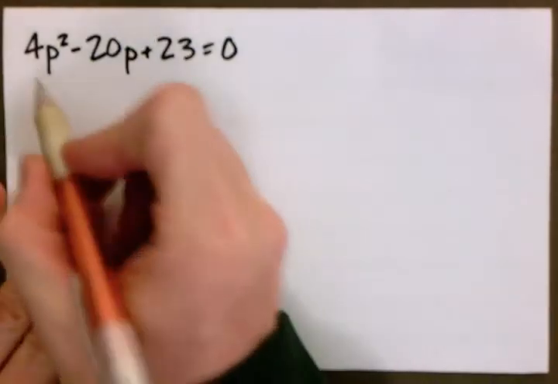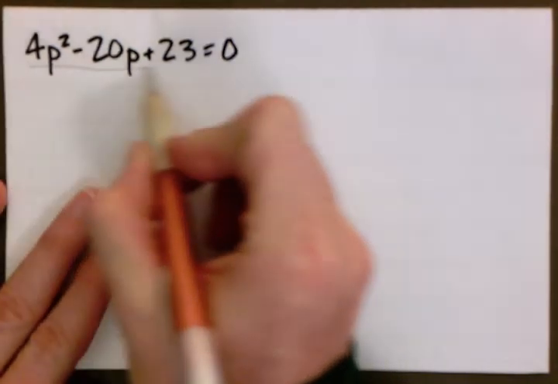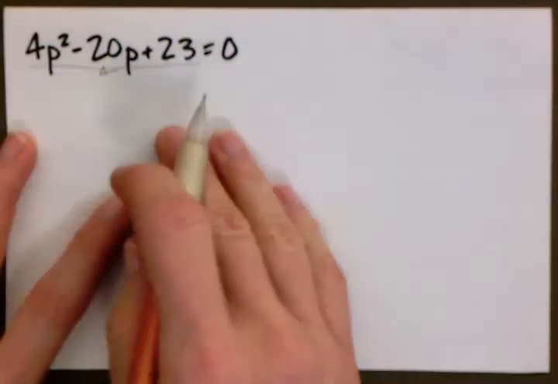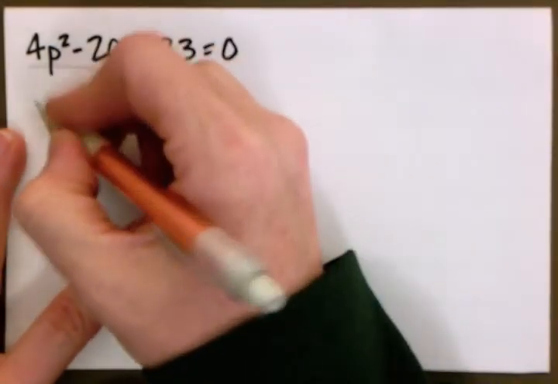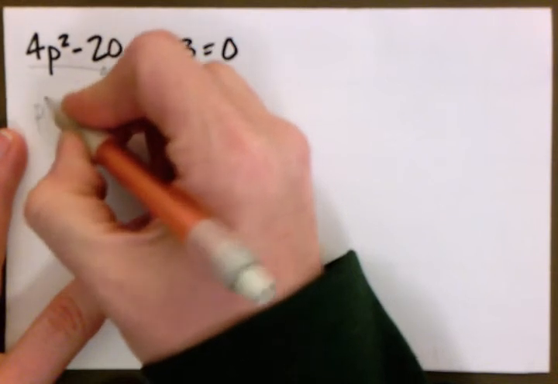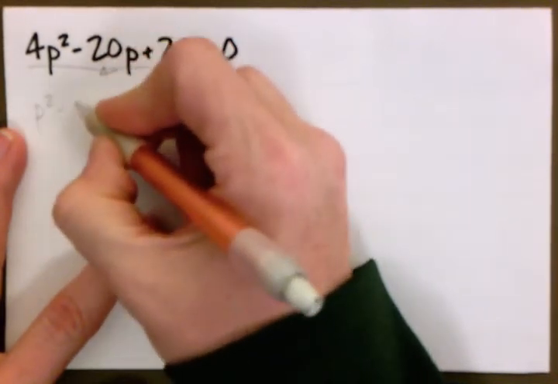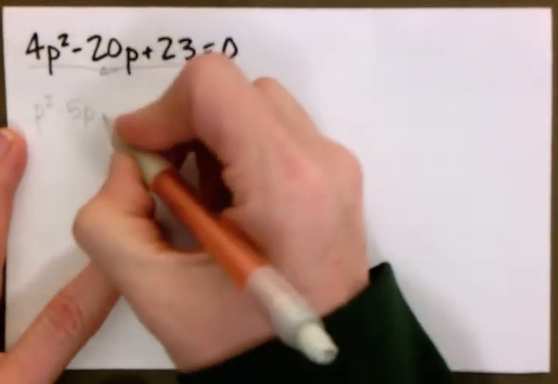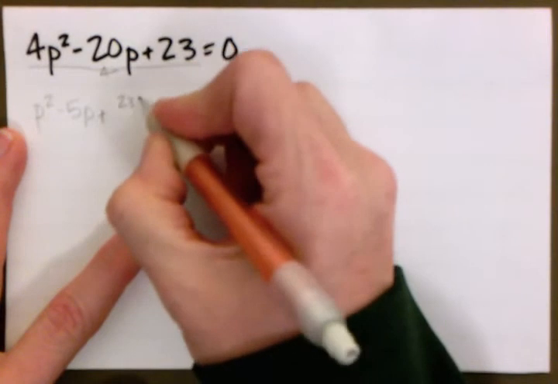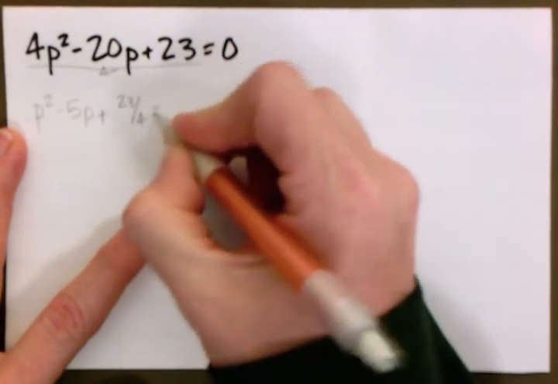So the first thing we want to do is divide this entire equation by 4. And when we do, we get p squared minus 5p plus 23 over 4 equals 0.